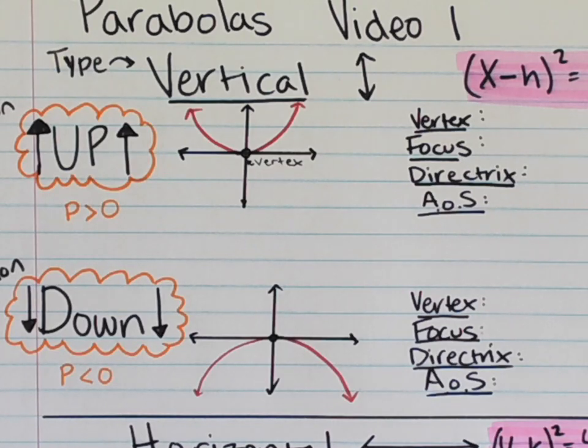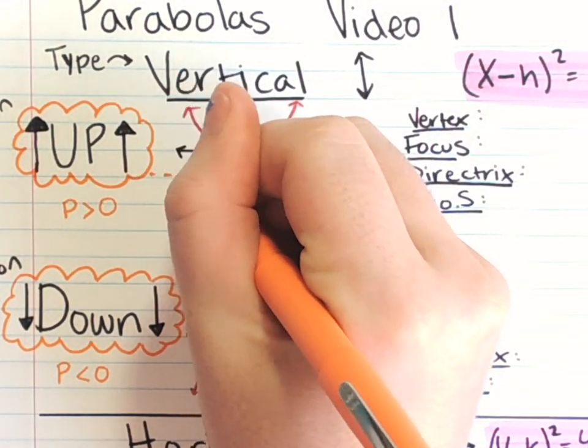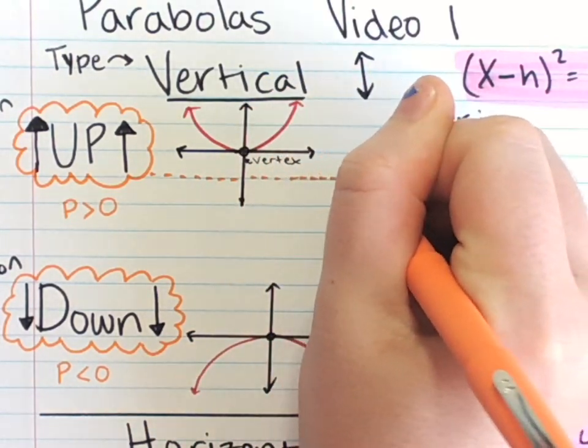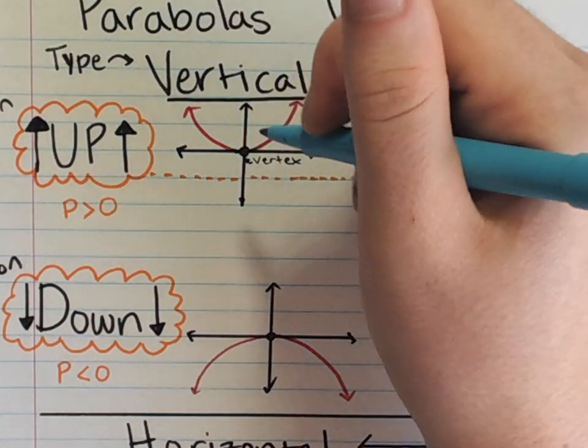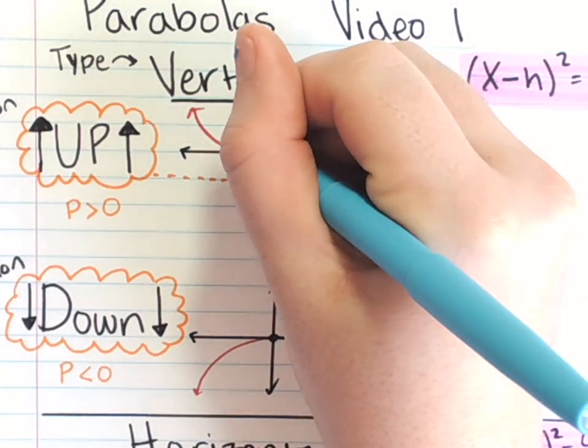We then have our focus and our directrix. The focus and directrix are both equidistant to the vertex. So let's say I wanted to put in my directrix right now. It's a line, it's not a coordinate. That would mean that my focus, whatever it's being pulled towards, is the same distance away, so I'll put my focus right here.